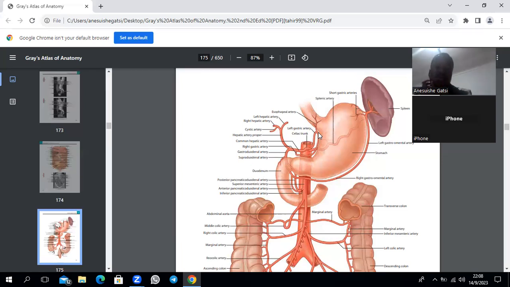But when we are in the abdomen, due to the embryology, we no longer have a left and a right vagus nerve. We now call them anterior and posterior because of the rotation of the stomach. It rotates those nerves. One will be anterior, one will be posterior.